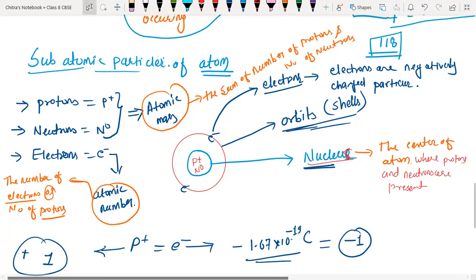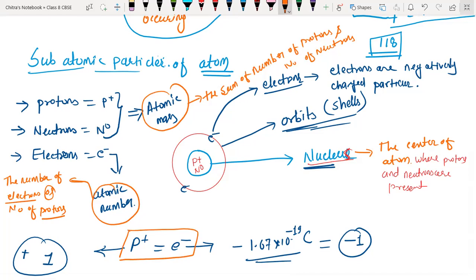Understood, everyone? Sir, I didn't understand one thing. Protons are equal to electrons, you said, right? Yes. Protons have a positive charge and electrons have a negative charge, right? Yes, negative charge. So what is this number, 1.67 into 10?